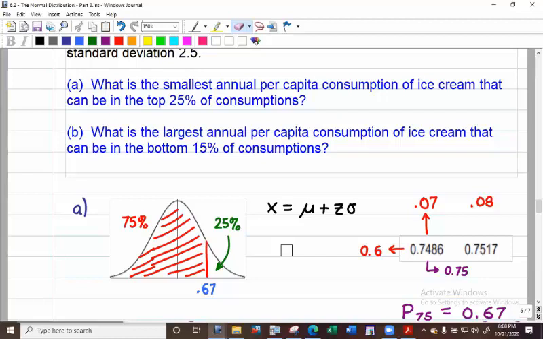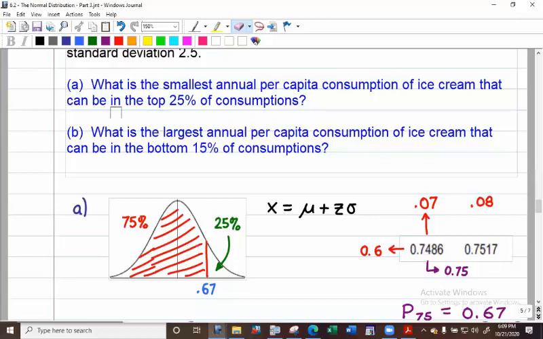In this case, it's actually the 75th percentile. Because think about this, if you're right at that line where 25% are above you, that means 75% of consumptions are below yours. Hopefully that makes sense. So that's the wording.